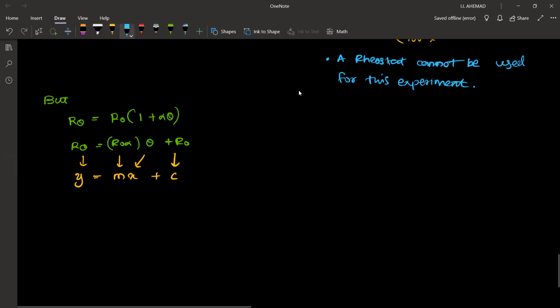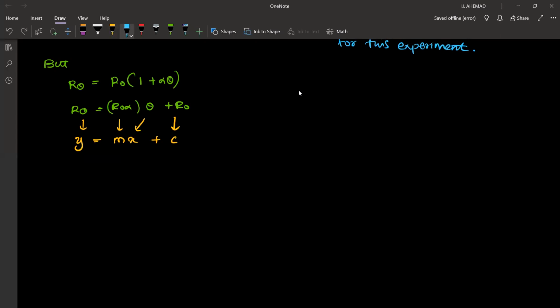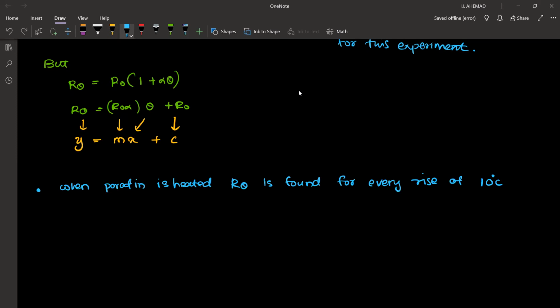Okay, so what we do is, when paraffin is heated, the value of r theta is found for every rise of 10 degrees Celsius.